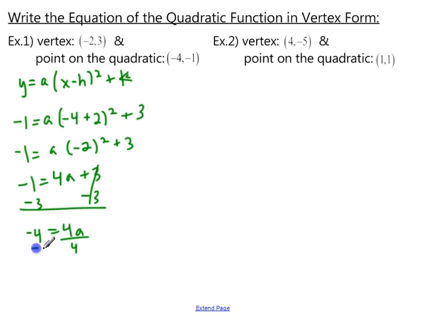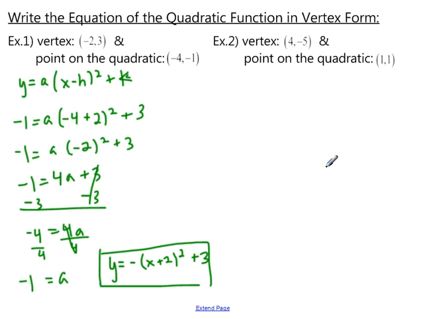If we divide both sides by 4, then we are left with a = -1. So our final answer is going to be the equation y = -(x + 2)^2 + 3.